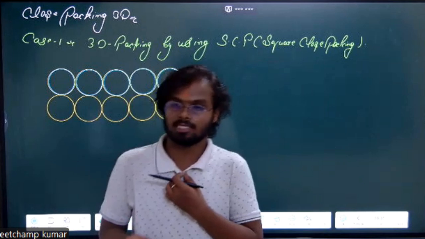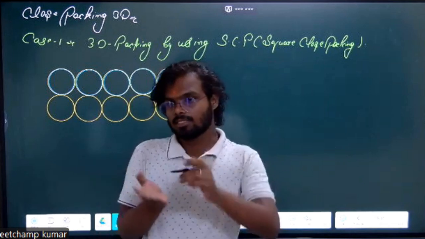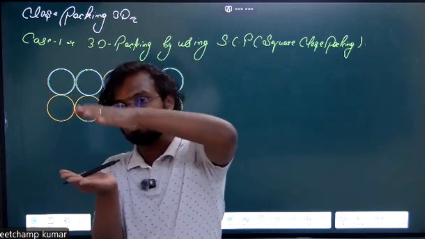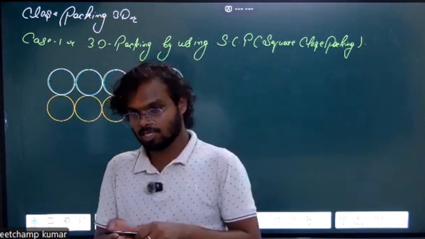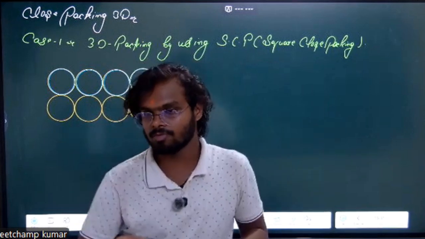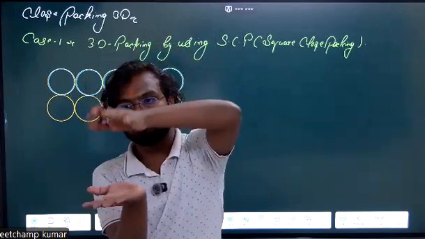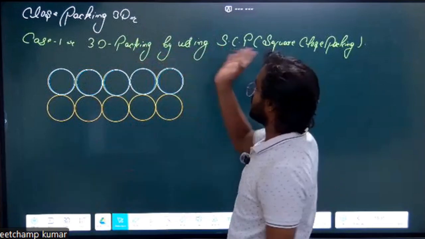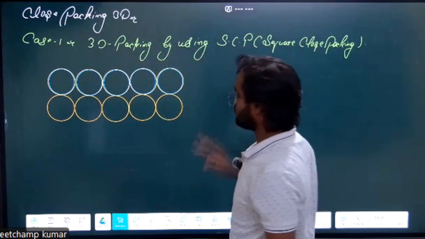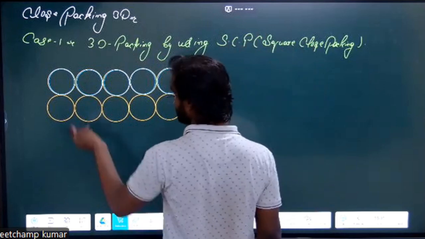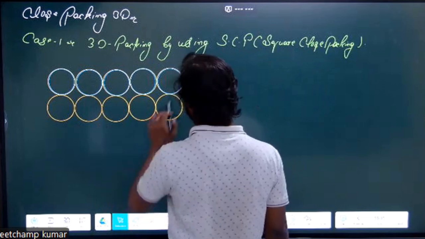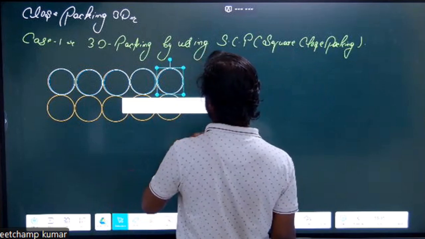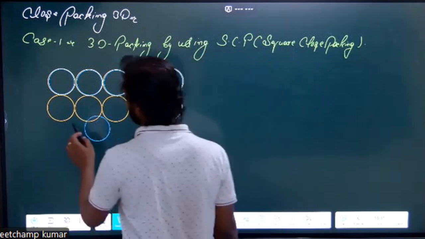If you remember, we have taken the SCP 2D layer, and then we have placed another SCP 2D layer above it. Whatever layer we have down, the same layer we are keeping over it. So that is called a 3D close packing by using SCP. We are placing the same layer above the other layer. That is the only meaning of this.